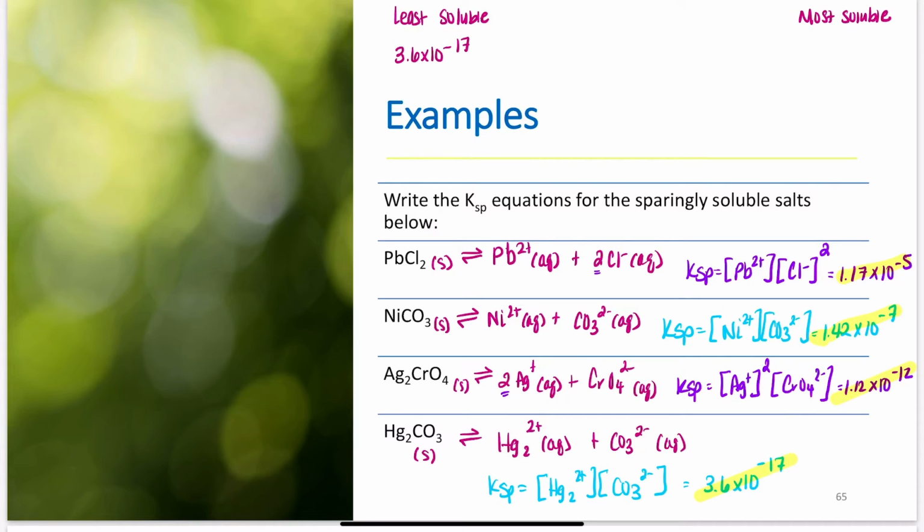It's the smallest number, meaning the smallest amount has actually dissociated. 1.17 times 10 to the minus 5 is the most soluble, then 1.42 times 10 to the minus 7, then 1.12 times 10 to the minus 12. So you should be able to tell me which one is most likely to dissolve, which one is not, based on their Ksp values as well.